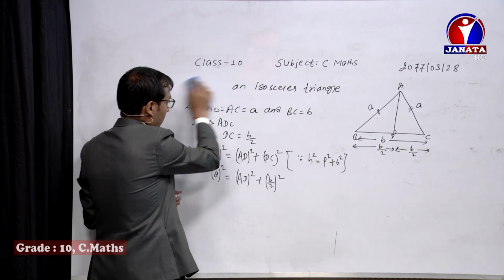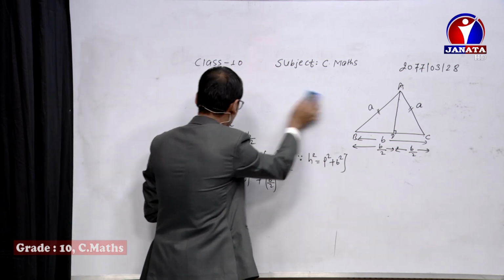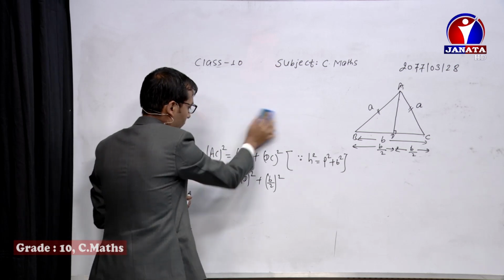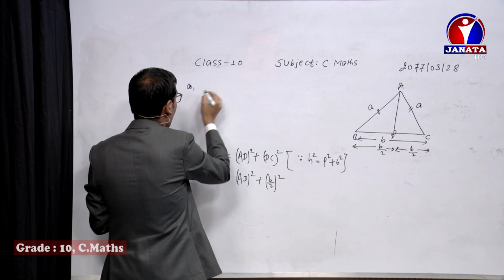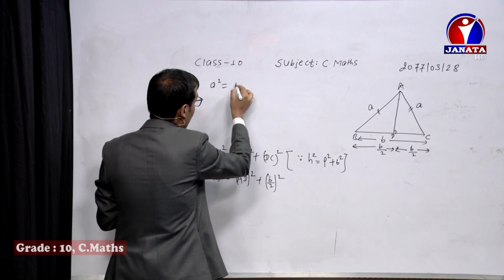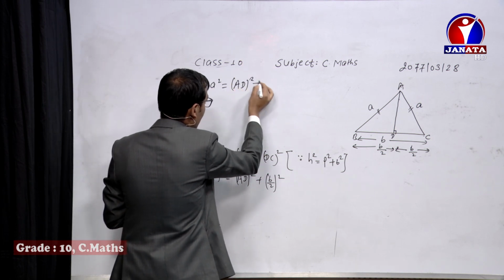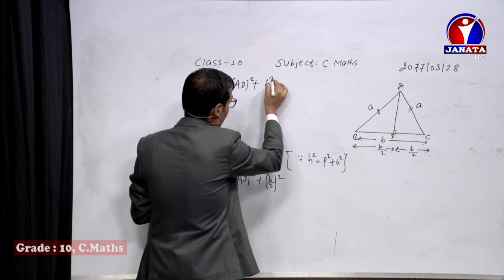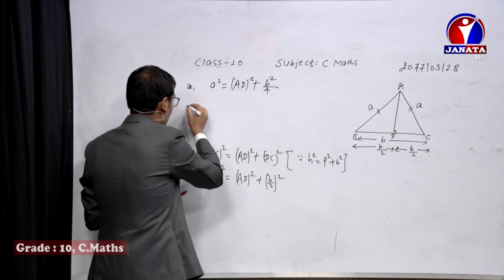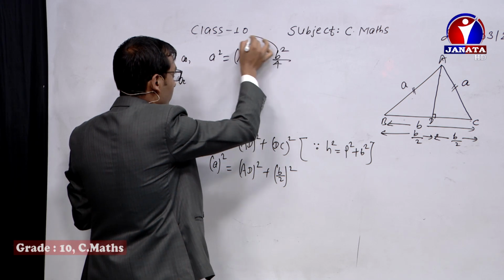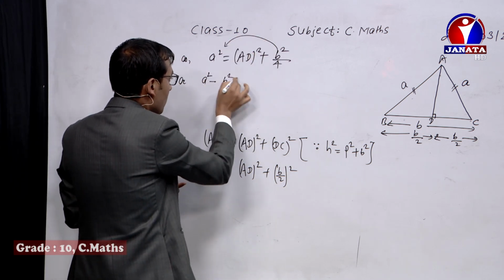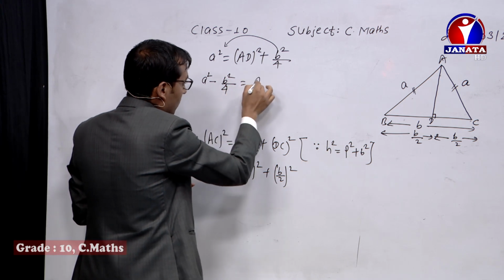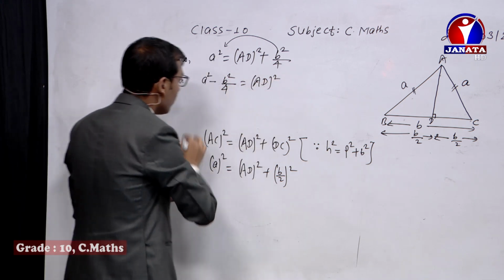So let me erase and write here on the top. We are simplifying for AD: A square is AD square plus B square by 4. If we take B square over 4 to the left hand side, A square minus B square over 4 is AD square.